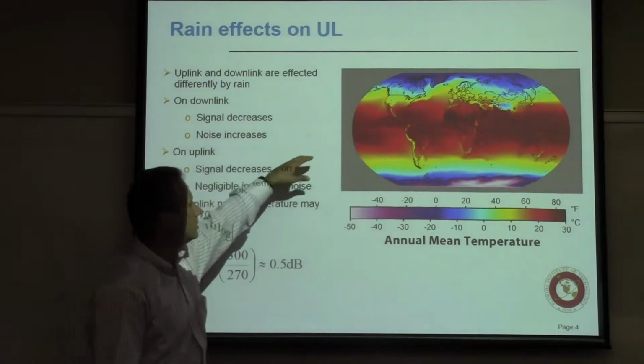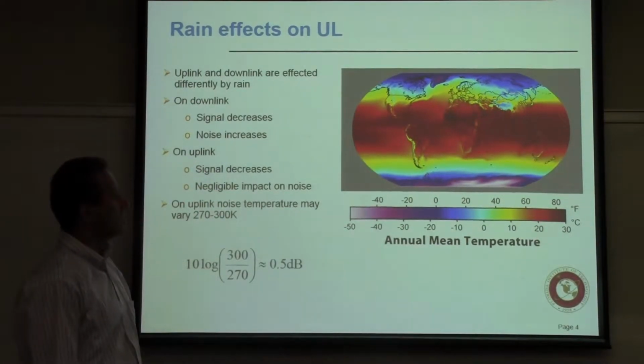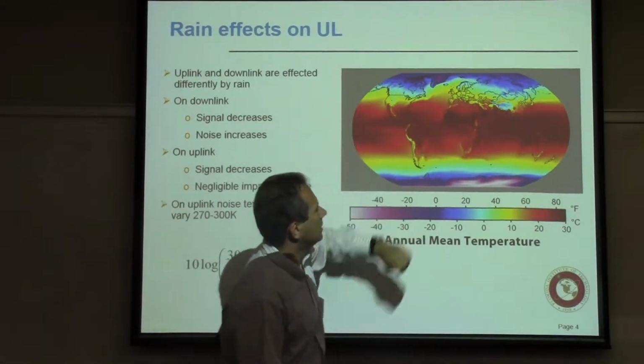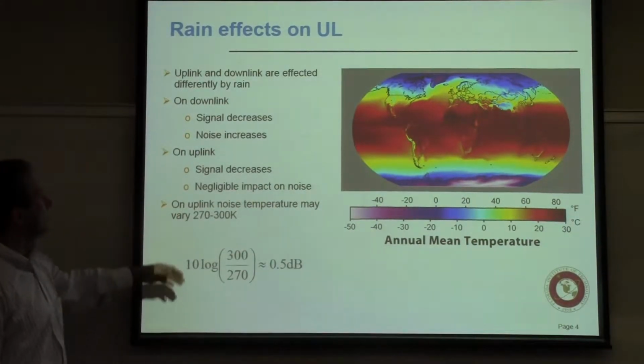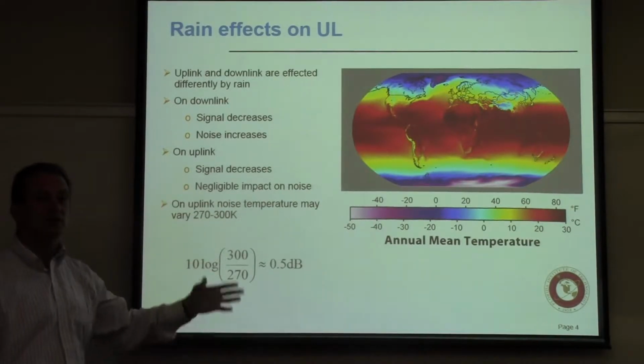You can see the hottest areas around the equator, which has an average annual temperature above 30 Celsius. And then you can reach up to 80 degrees of latitude. So your variations are 270 to 300 Kelvin. That's the range of temperature.